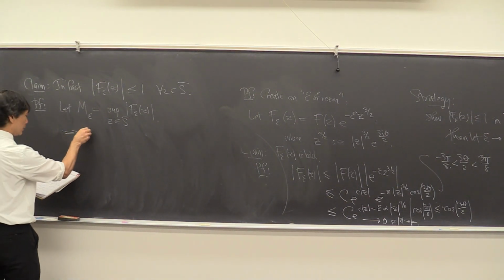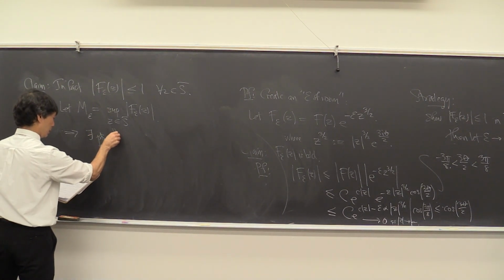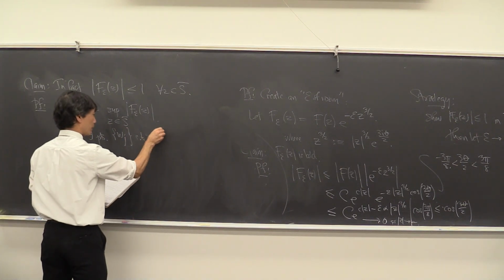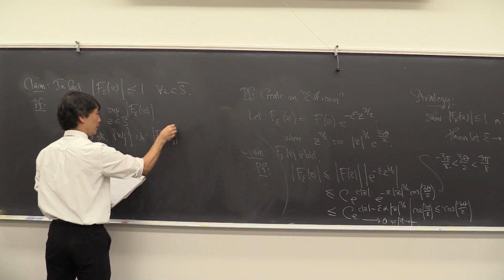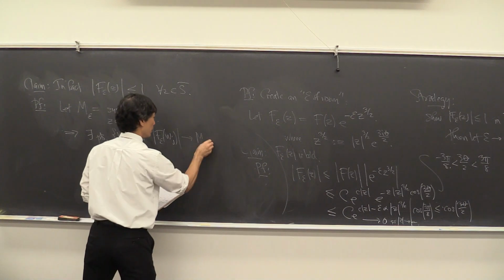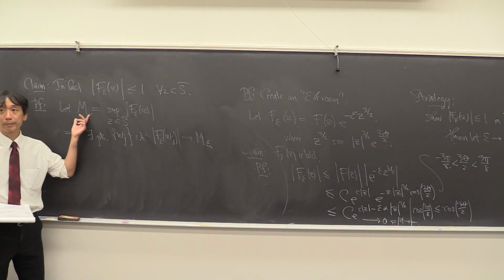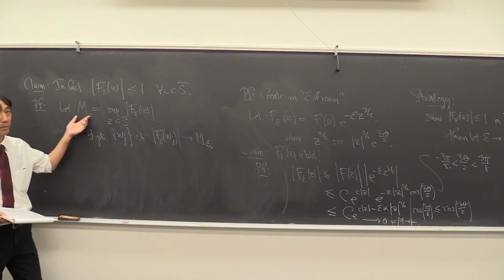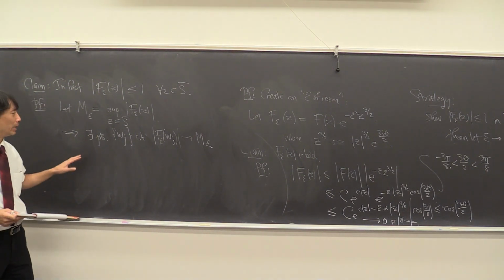Then we know that there exist points Wj such that if you look at f epsilon of Wj, then in size, those things will, in the limit, go to M sub epsilon. Right? That's what a supremum is. By definition of supremum.